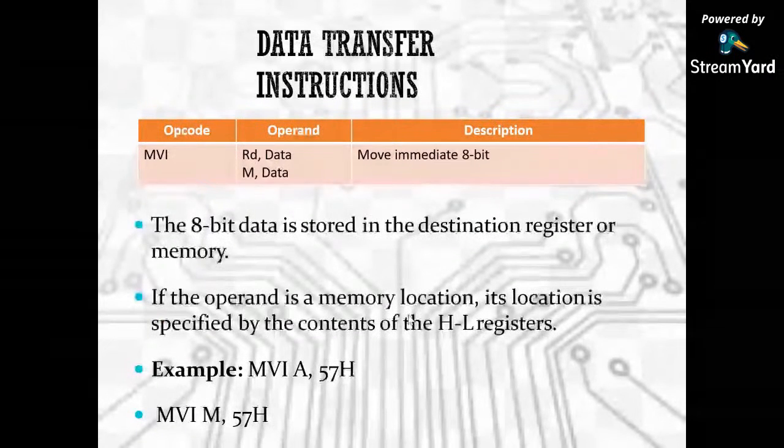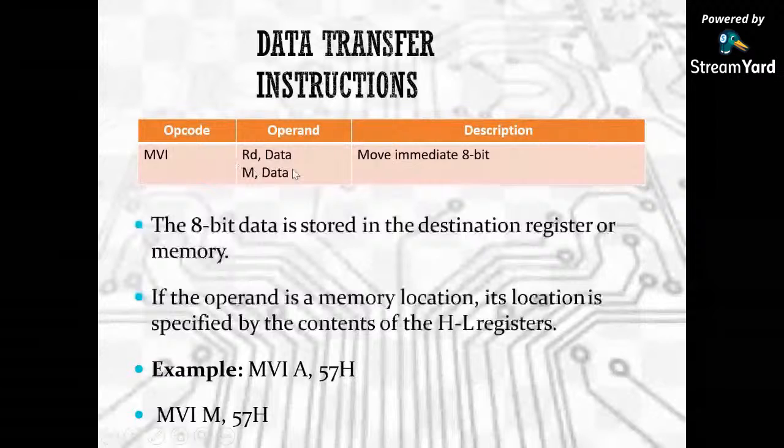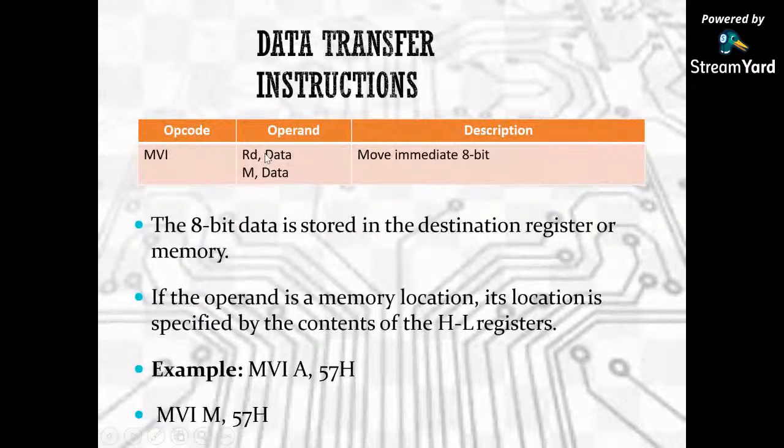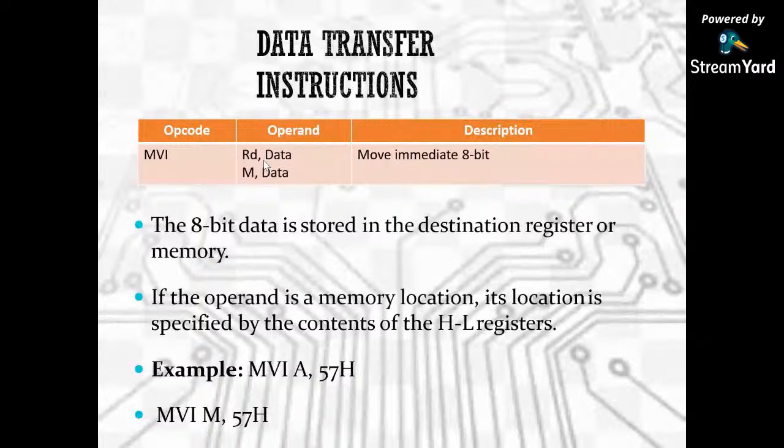Lalu data transfer instruction, masih sama. MVI itu adalah move immediate 8 bit. Yang ditransportasikan itu adalah data. The 8-bit data is stored in the destination register or memory. Caranya, MVI A, 57 hexa.